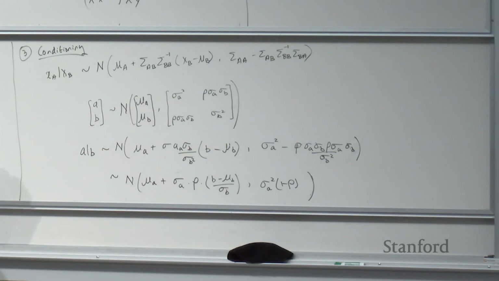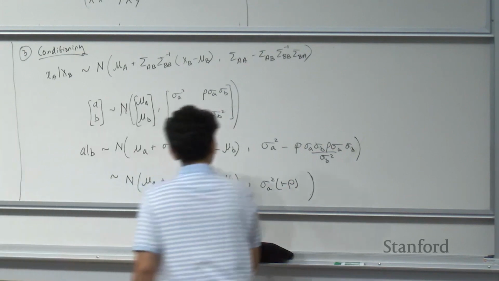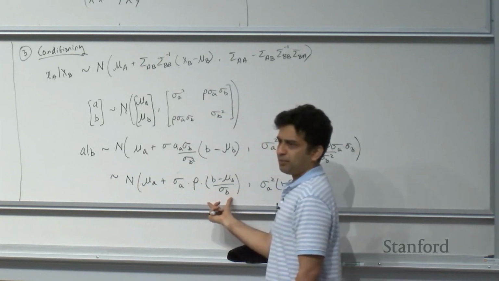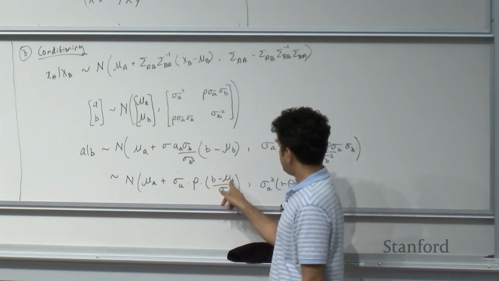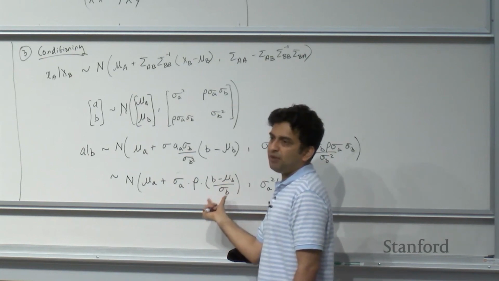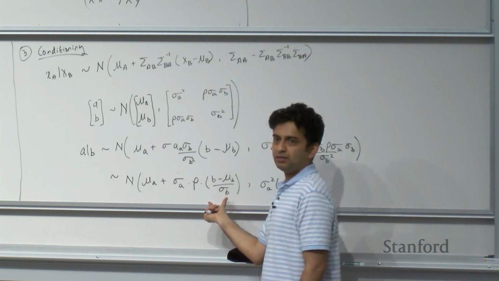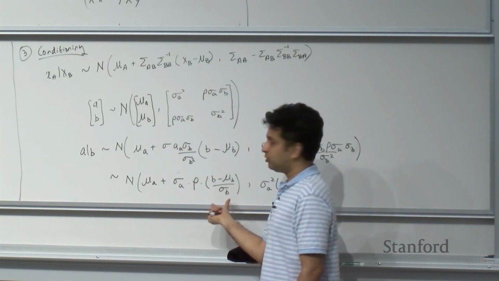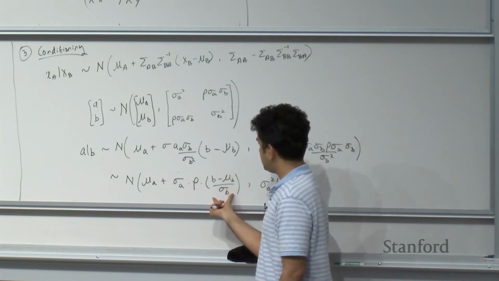So what this is basically saying is, if we have a Gaussian distribution over two variables and we observe one of them, b, to have some specific value, then what's happening here? If you take b, subtract its mean and divide by its standard deviation, this is like the z value of b.